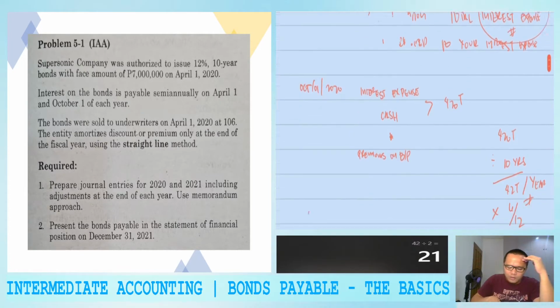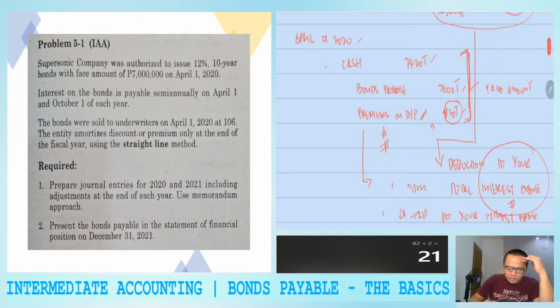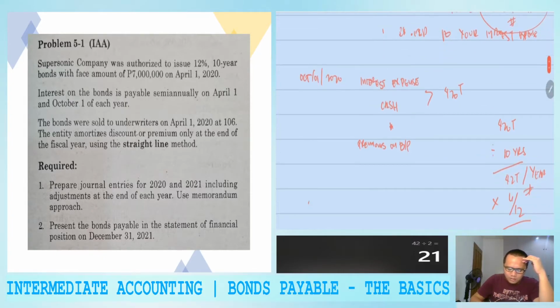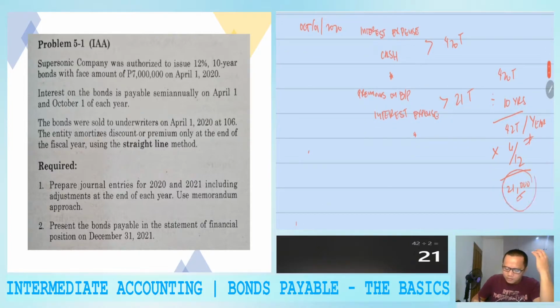So pag i-reduce natin yan, kung naka-credit yan siya, obviously yung entry natin is a debit. Yung corresponding credit would be interest expense. Kaya sinabi natin kanina na premiums is a deduction to your interest expense.